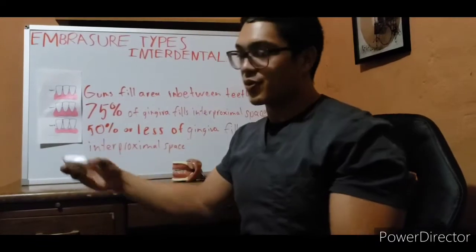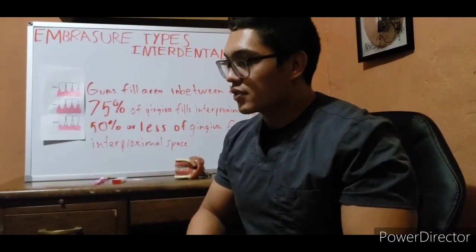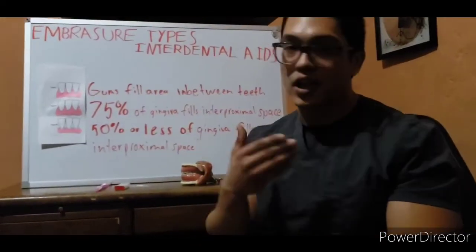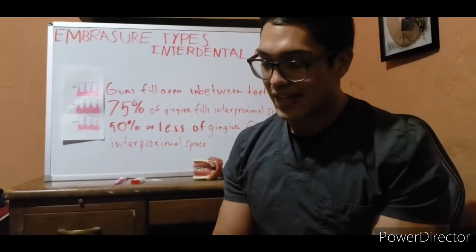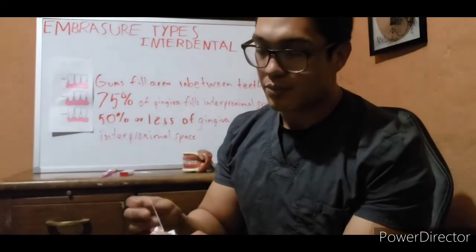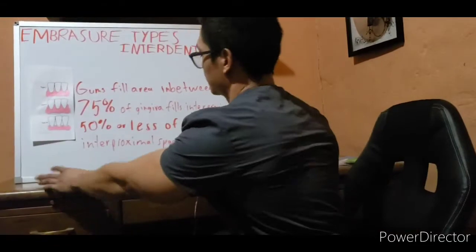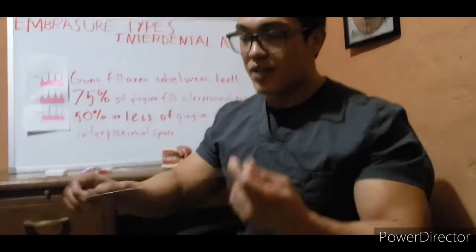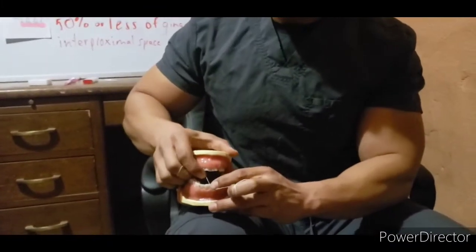So the most common one would be dental floss. Usually it's most effective in the embrasure type 1 because the gums fill the interproximal space. So the slimmest interdental aid that can go in between there would be dental floss. And the way you use floss, just grab a good amount of floss, wrap it around your fingers, and go in between each tooth.